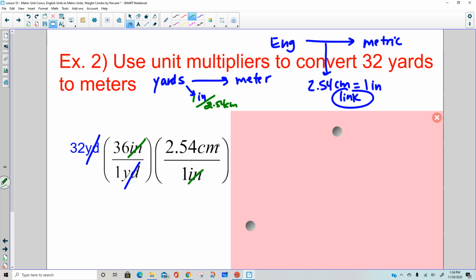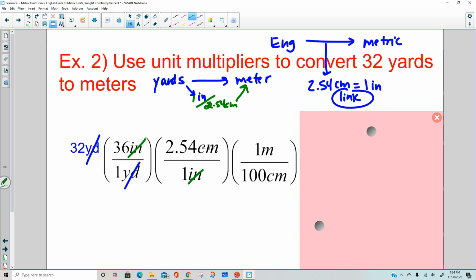So 2.54 centimeters on the top. Now, all of a sudden, you're in metric. Okay, so that's good. We're not in English anymore. Now we're in metric, and we can go back up now from centimeters, make our way up to meters. So we'll do centimeters to meters, making sure we cancel centimeters, one on the top, one on the bottom, and then meters. Oh yeah, meters, then we're there.